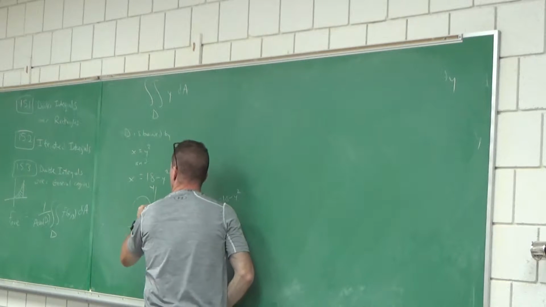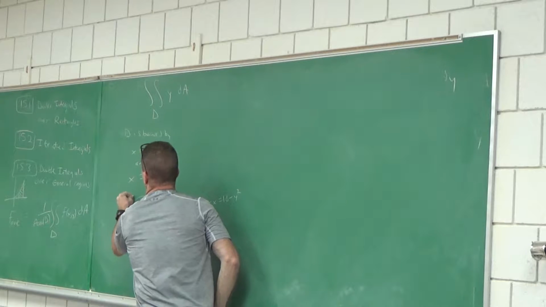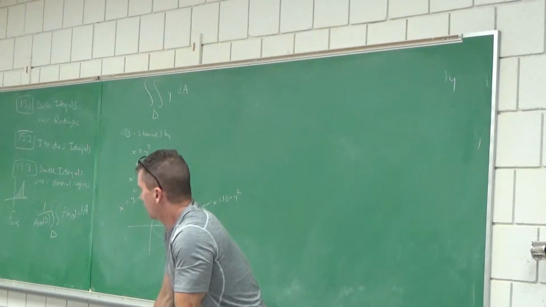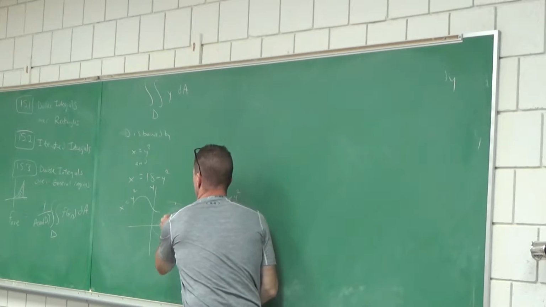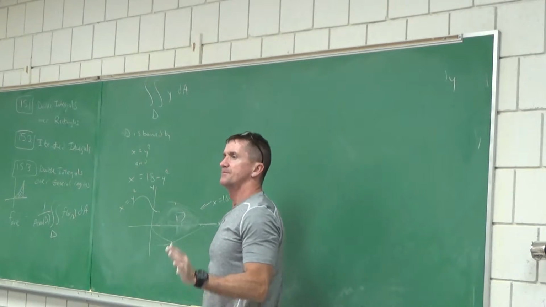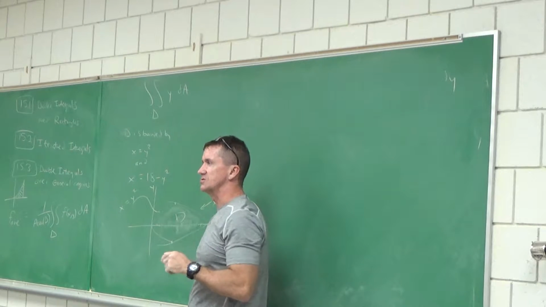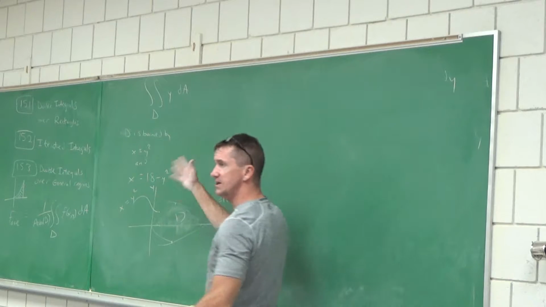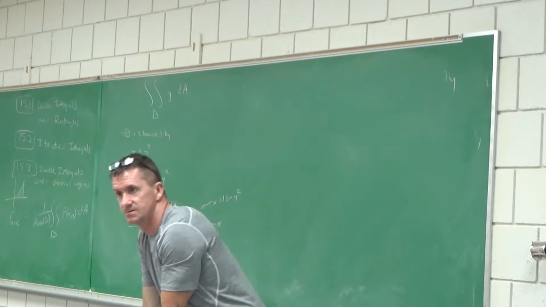This side is x equals y squared. And we had to come up with the double integral of y over that region D. This is D right here. The big error made by my Calc 2 students was they only thought to do the first quadrant. No, the whole region D, bounded by those two curves.